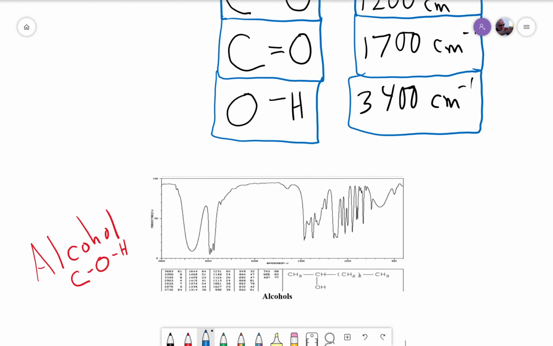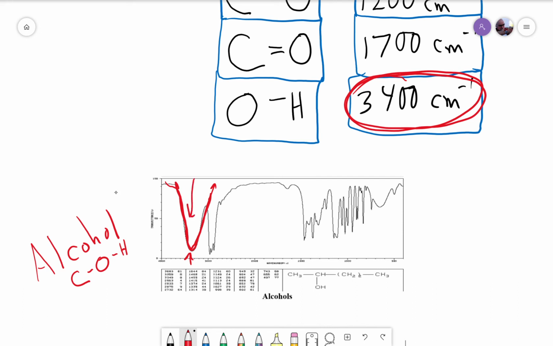If we remember that the alcohol group shows up at 3,400 reciprocal centimeters, that's about here. The alcohol group is easy to recognize when it's in solution because the hydrogen bonding makes this peak very wide and very strong.